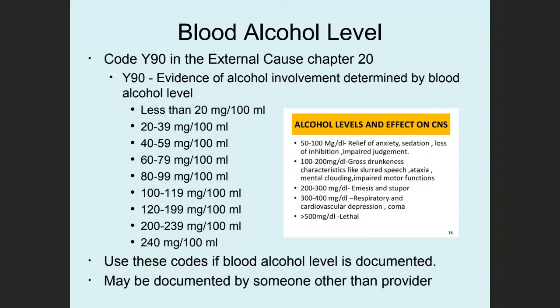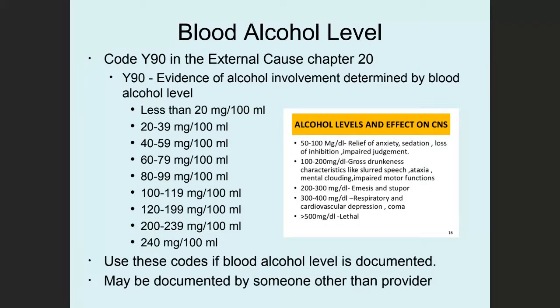A note at the beginning of these codes indicates that the blood alcohol level should be coded if known. These codes are in the external cause chapter, category Y90. So if this is documented, you would report it, but it's not necessarily reported by the provider. For example, a police officer might record this at an accident scene.